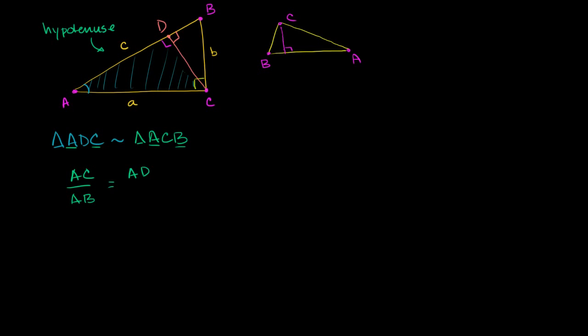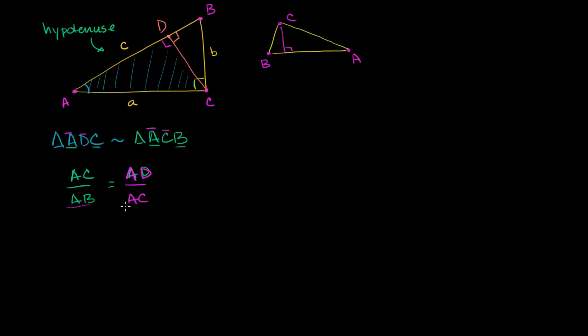And just to show that I'm taking corresponding points on both similar triangles, you can look at these triangles yourself and see that side AD is between the blue angle and the right angle, and side AC is between the blue angle and the right angle on the larger triangle.